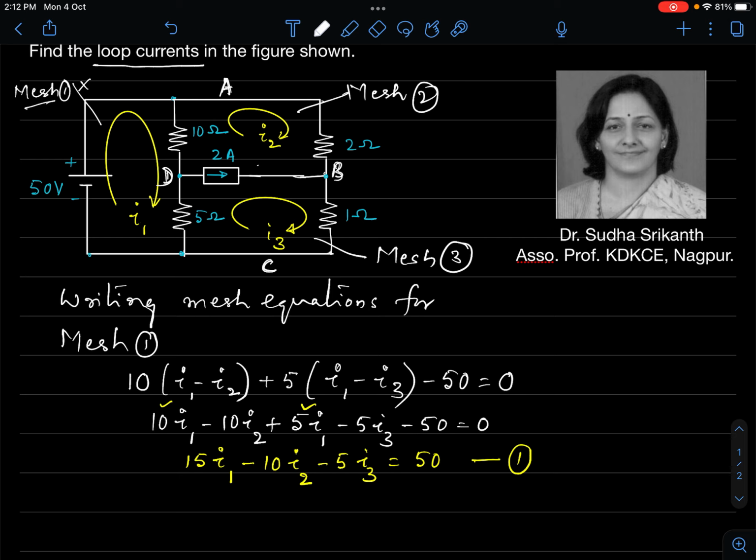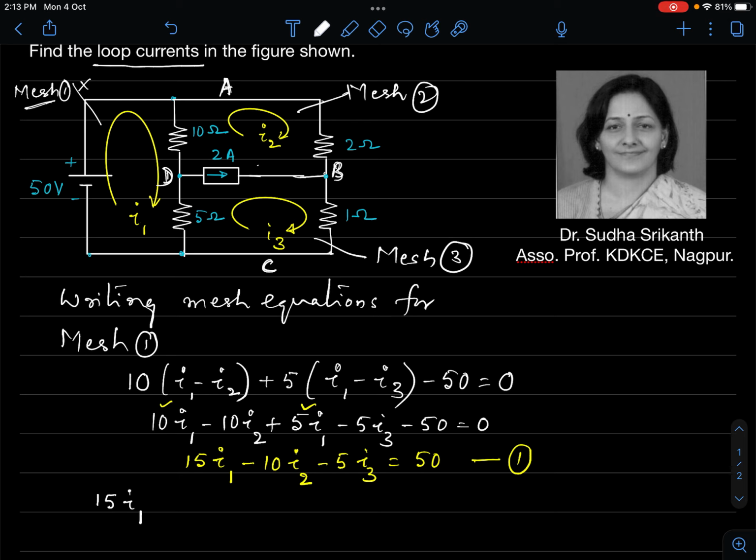Whenever we consider a particular mesh, we add all the resistances contained in that mesh and give a positive sign. So, mesh 1, I1 current, all the resistances contained in mesh 1, that is 10 ohm and 5 ohm. That would be 15 ohms, so I will write it as 15I1, given a positive sign.